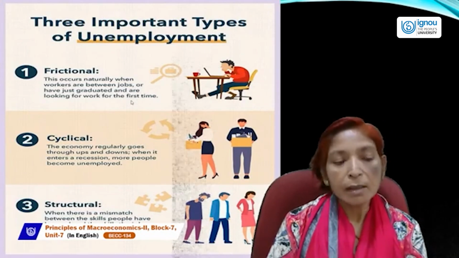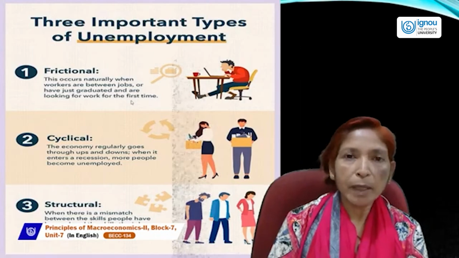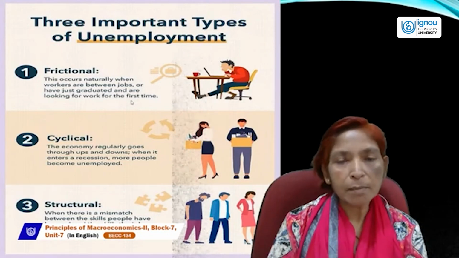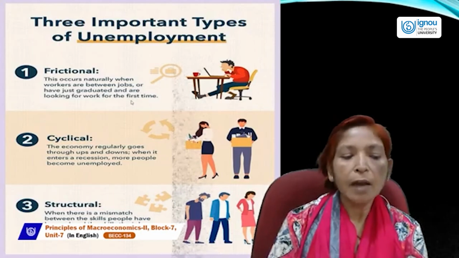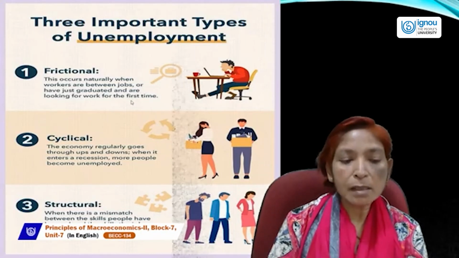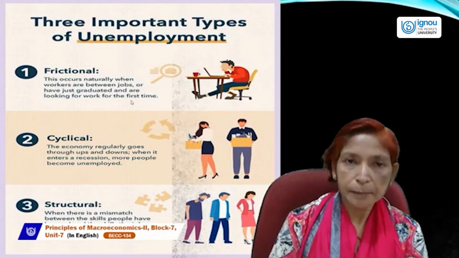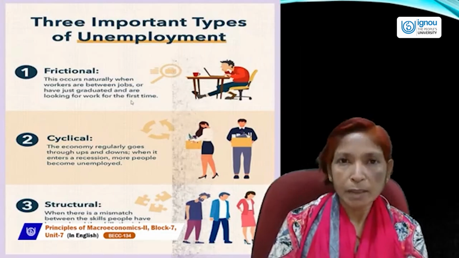And next is structural unemployment. Structural unemployment generally occurs when there is a mismatch between the skills people have learned and the skills the job market requires. This causes structural unemployment.